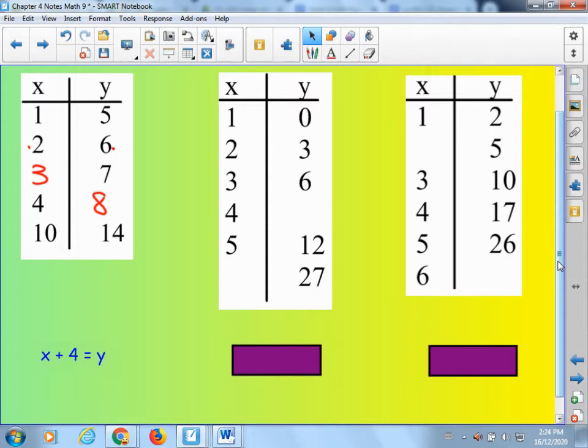Oftentimes when we are looking at multiple steps, using the pattern in our y column will help us get started. The y column goes up by 3 and by 3 again, so I'm going to see if I can try an equation that uses 3.